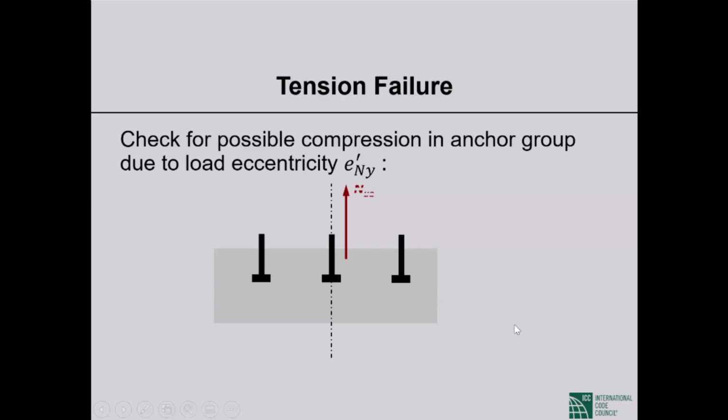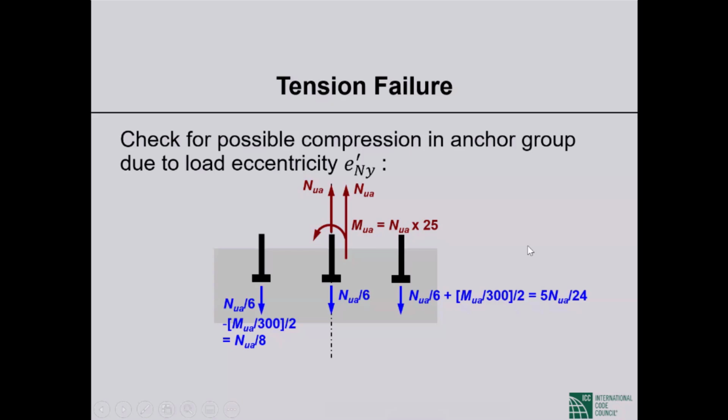The other eccentricity, the Y eccentricity, let me put everything on the screen. So that also causes the same moment, the axial load times the eccentricity. So that tension is equivalent to tension along the centroidal axis plus the moment.